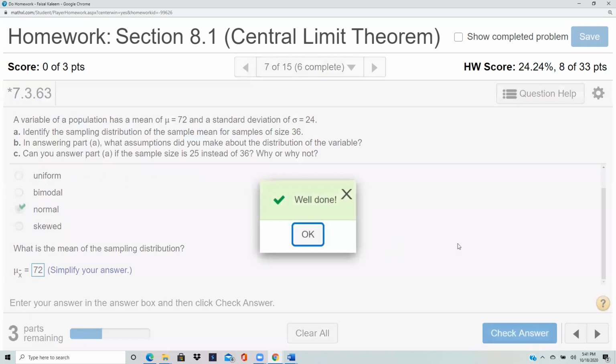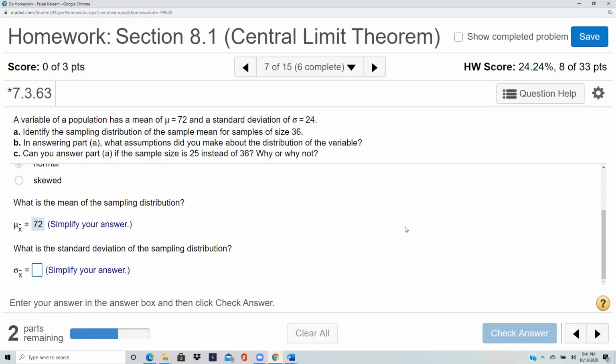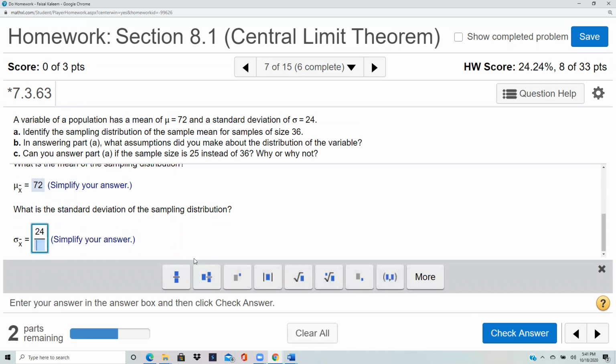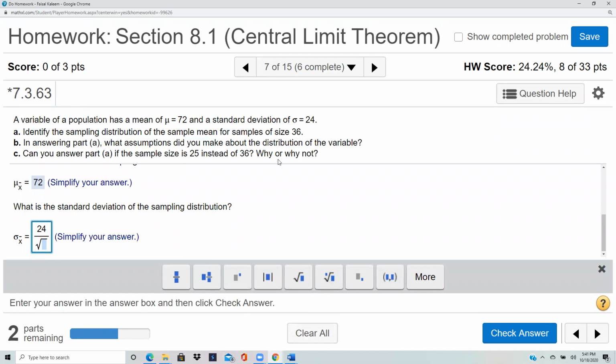And the standard deviation will be the original standard deviation, which is 24, divided by the square root of the sample size. The sample size in this part is 36, so that should equal 4.